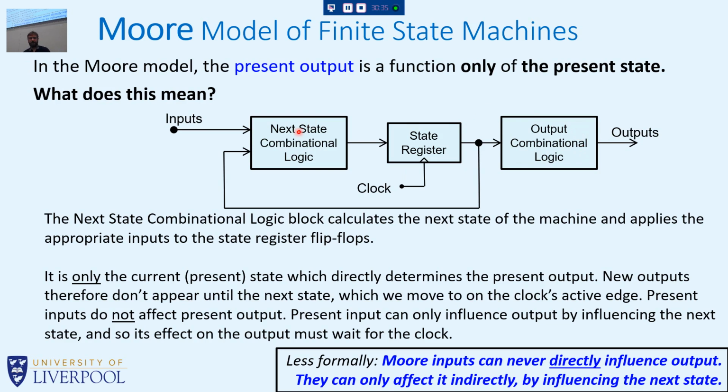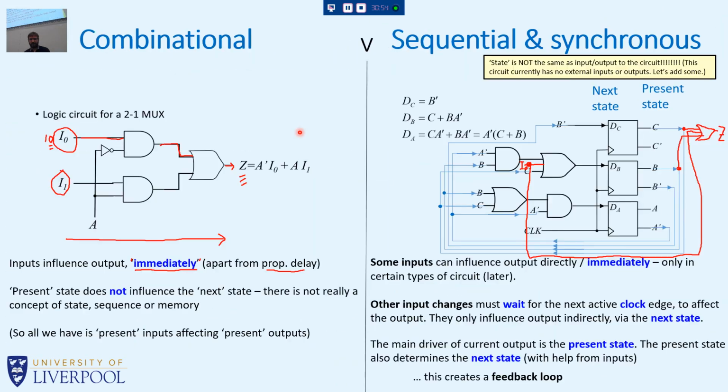What are these two doing? Well, this one is a block that is working out the next state of the system, and we might have an external input plus a connection with the outputs, and I'm using the term output loosely, with the present states of the system. Where's this on our previous diagram? Well, it's here, right? This is the next state combinational logic, all right?